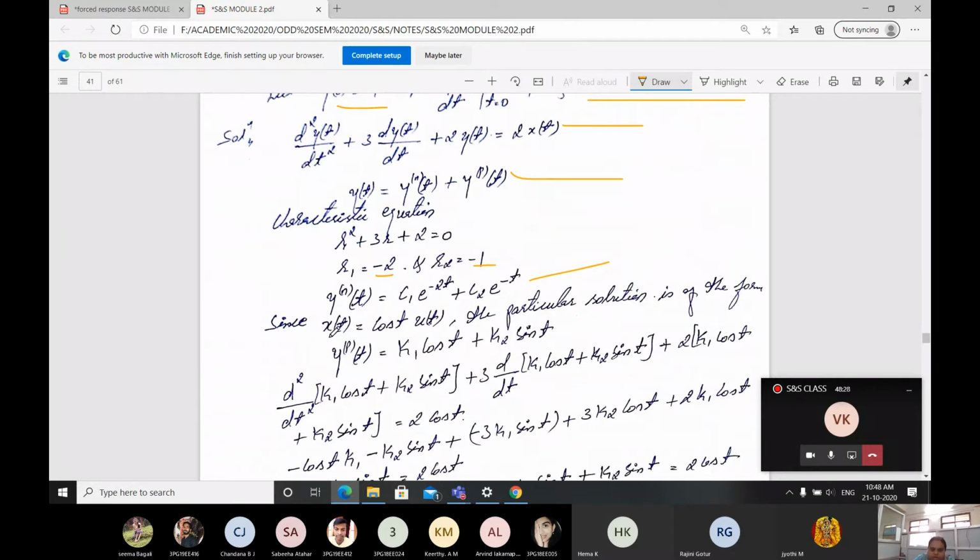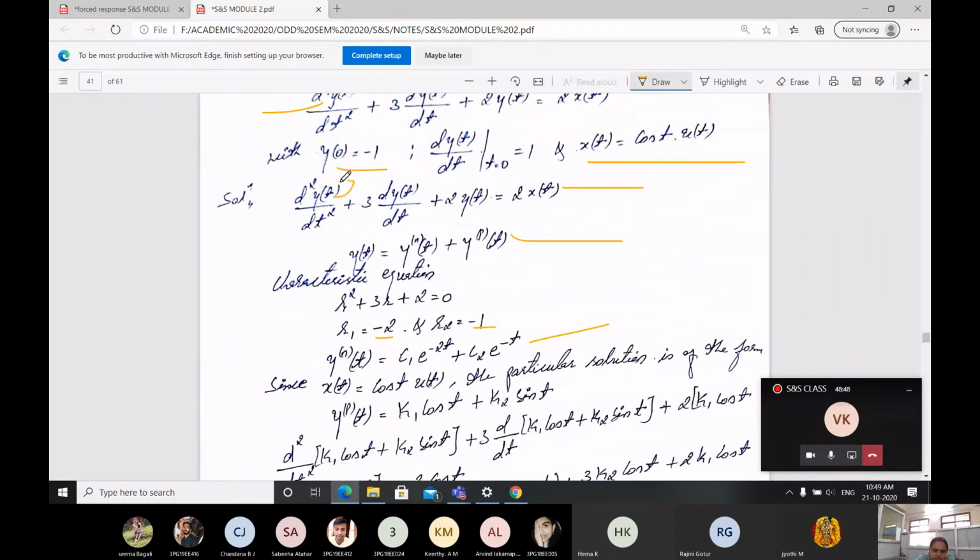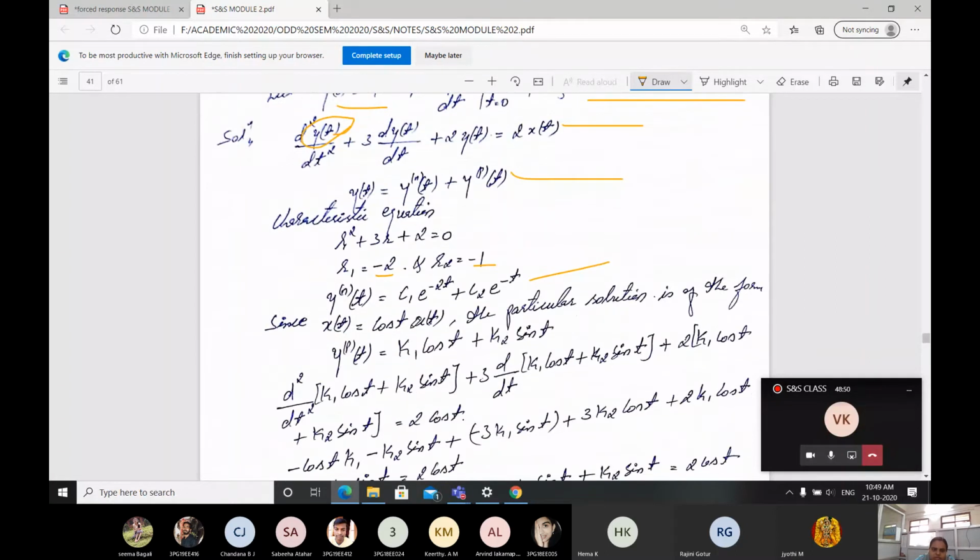Then x of t is given as cos t u of t. Therefore, the particular solution is going to be k1 cos t plus k2 sin t. Next, what you have to do? We have to substitute it in the given equation. Wherever y of t is there, you just substitute k1 cos t plus k2 sin t.